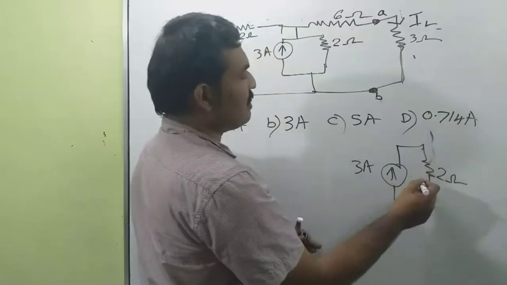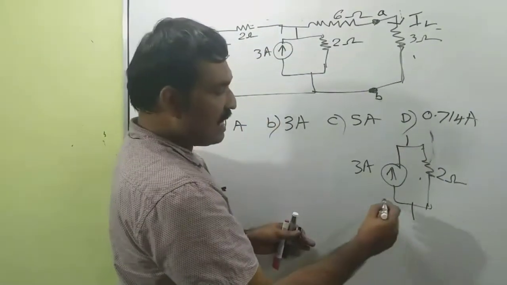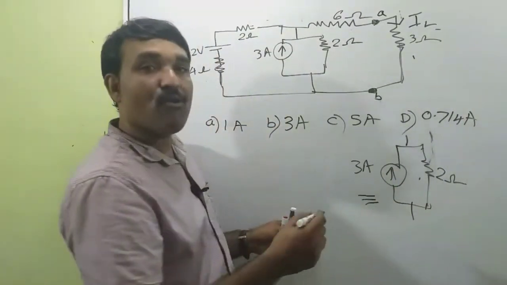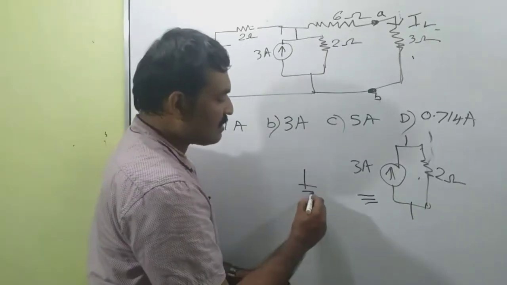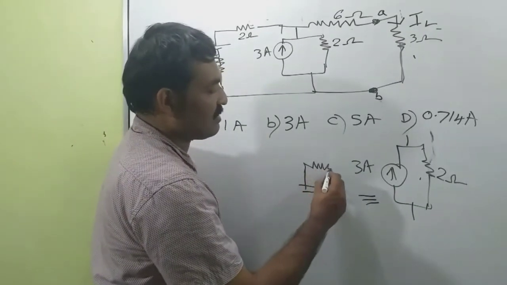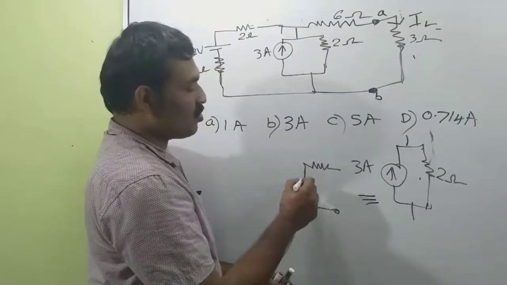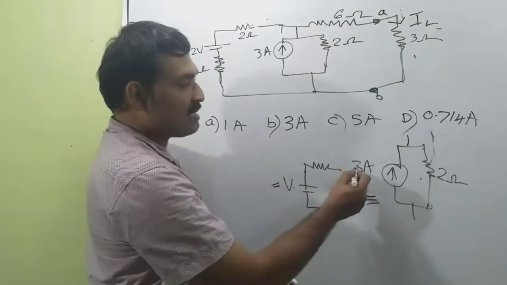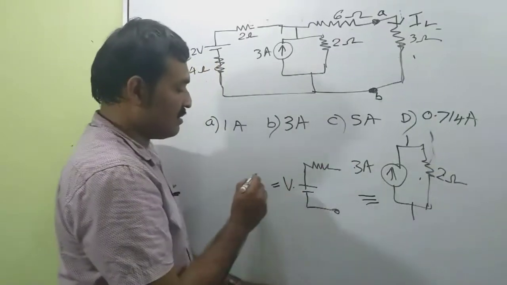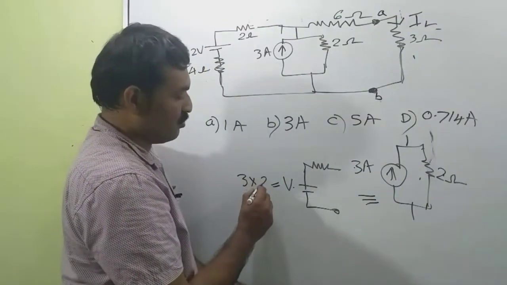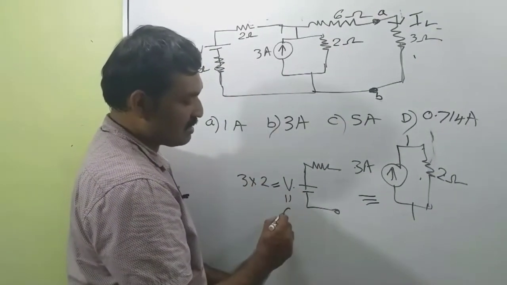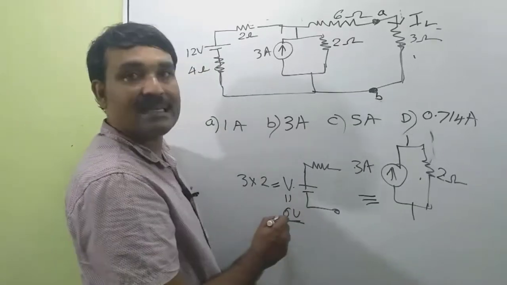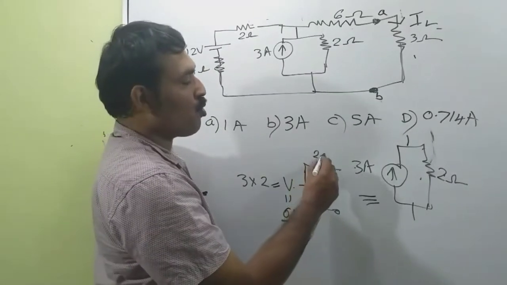So this branch is equivalent to a voltage source that is in series with a resistance. The value of this voltage is equal to 3 into 2, that is V is equal to 6 volt, in series with 2 ohm resistance.